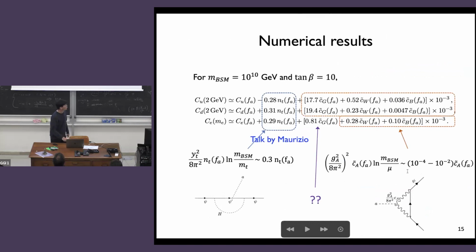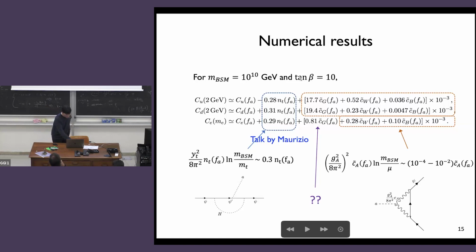Yeah, so to give you an idea, this is a numerical result. This shows the low energy axion couplings to the up quark, down quark and electron in terms of the UV parameter, the tree-level value, after renormalization of axion couplings. Here M_PQ means the scale where the running of the axion coupling starts, which is taken to be 10 to the 10 GeV.